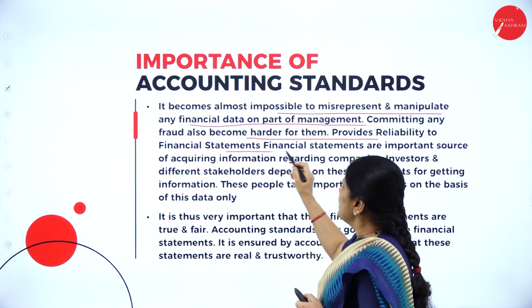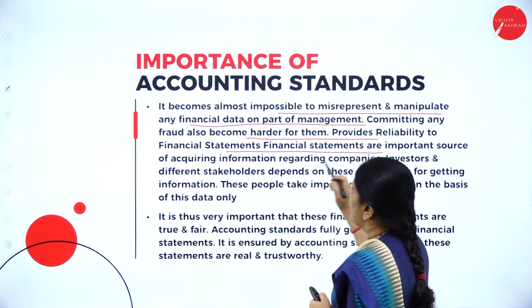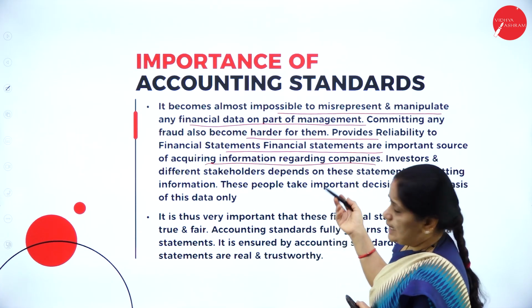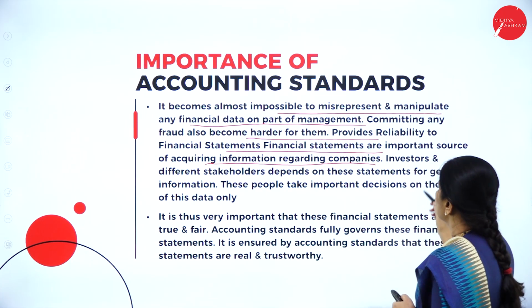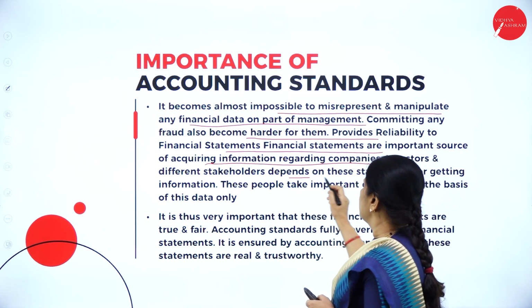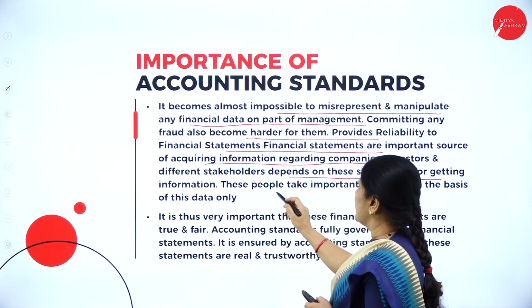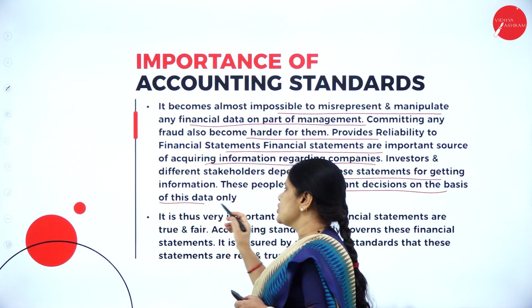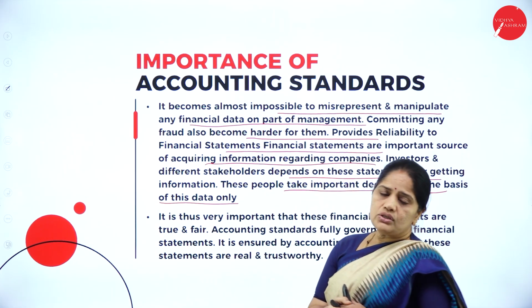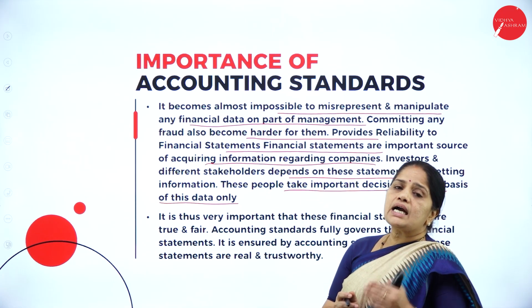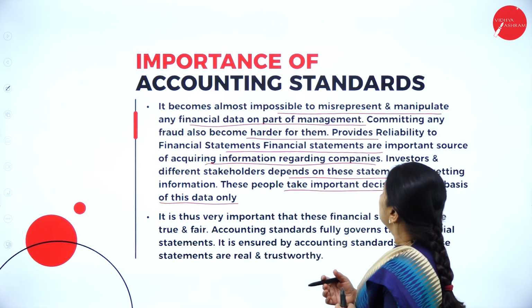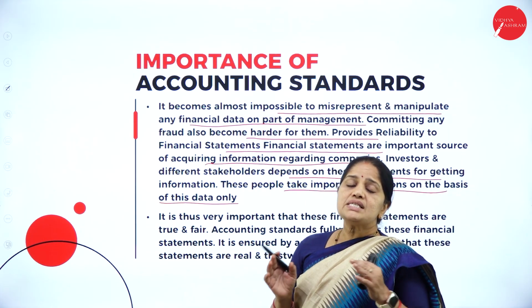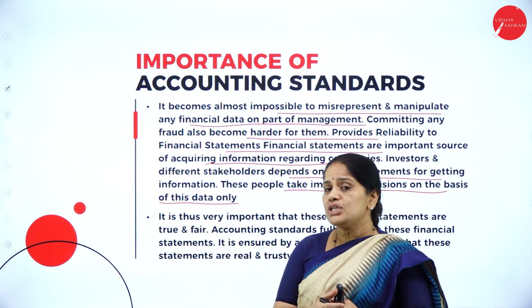Provides reliability to the financial statements, as they are the important source for acquiring information relating to the companies. So investors and stakeholders depend on these statements for getting information, and they take important decisions based on this data only. So because of the strict accounting standards, we will be able to see that there is no misrepresentation of any financial data.